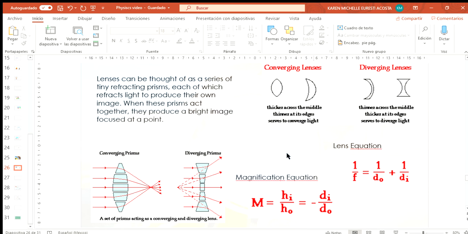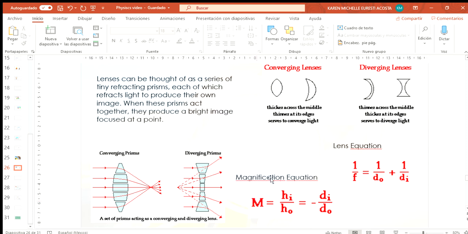We have two equations for this type of problem, and this is called the lens equation. F stands for focal length, D for distance, and this D is for the distance of the image, and this is the magnification equation.